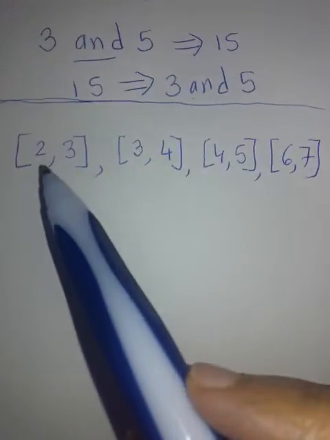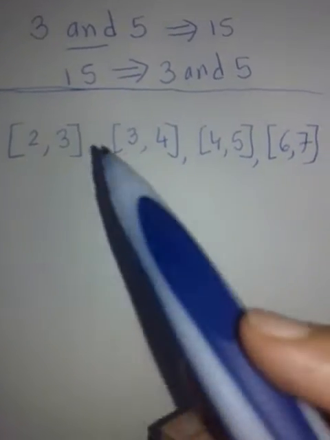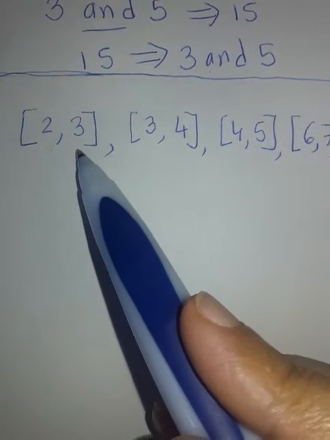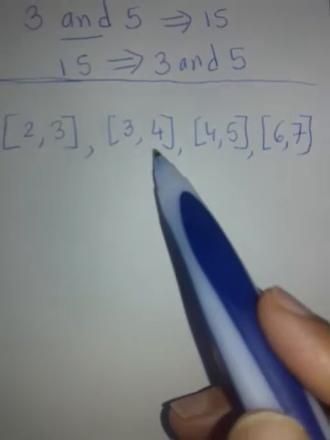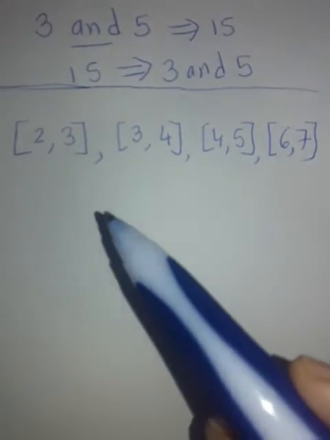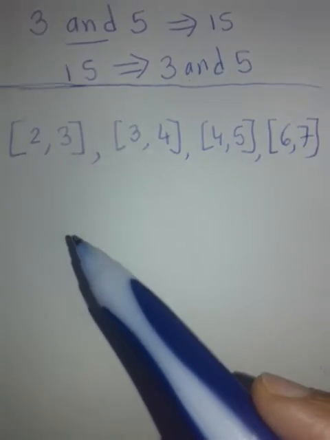Always remember that adjacent numbers do not have any common factor between them. 2 and 3 are adjacent, they will never have any common factor. 3 and 4 are adjacent, they will never have any common factor. 31 and 32 are adjacent, they will never have any common factor between them.